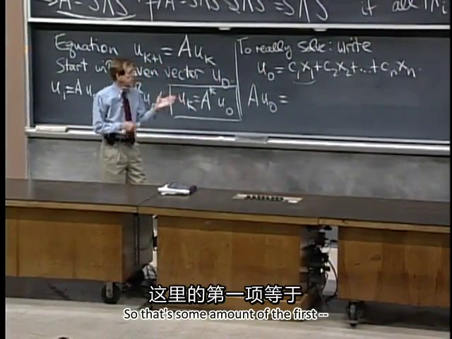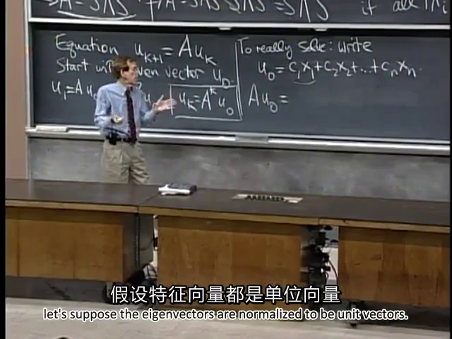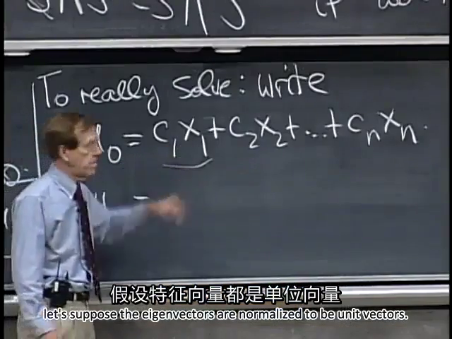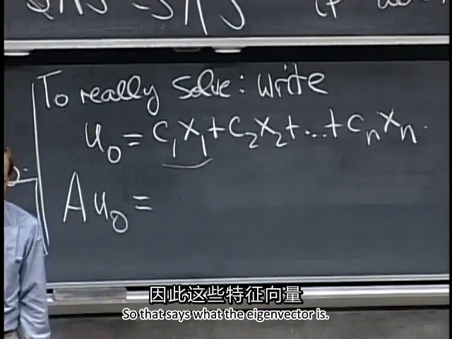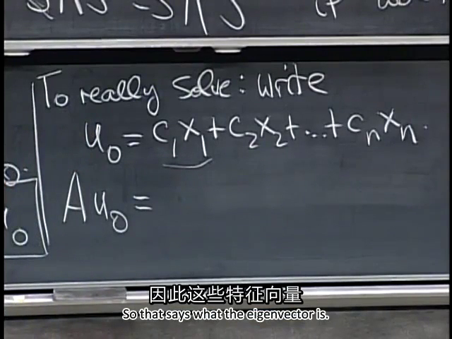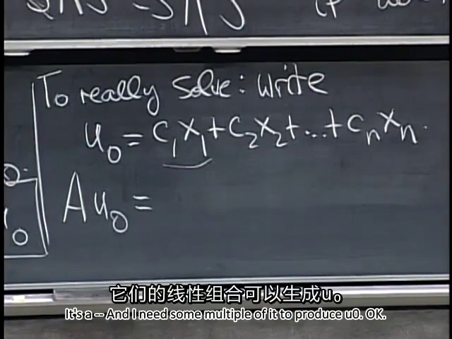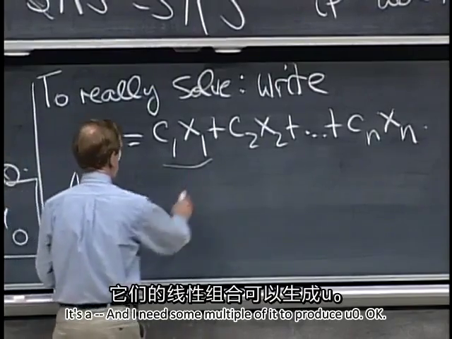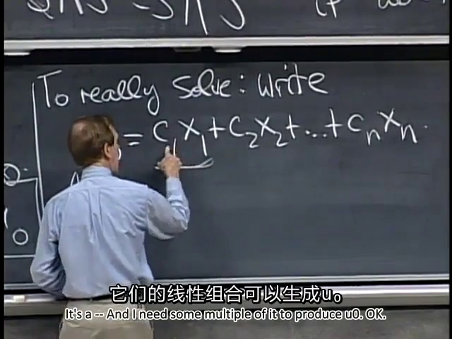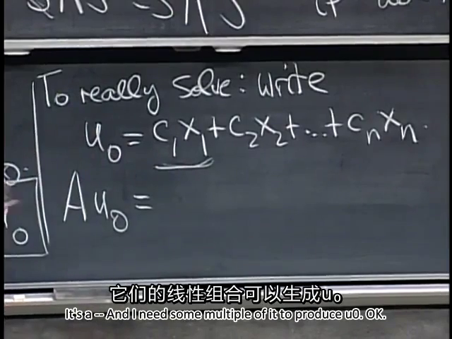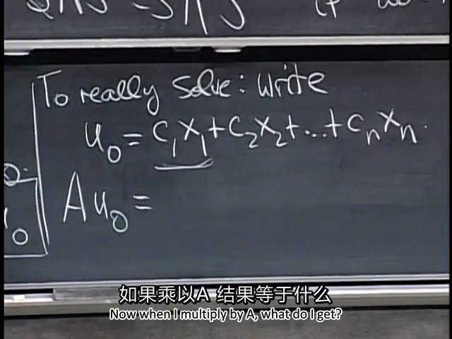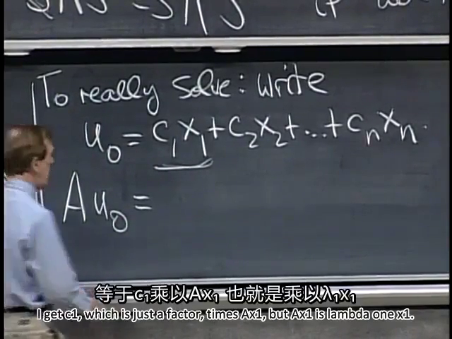So that's some amount of the first. Let's suppose the eigenvectors are normalized to be unit vectors. So that says what the eigenvector is, and I need some multiple of it to produce u naught. Now when I multiply by A, what do I get?